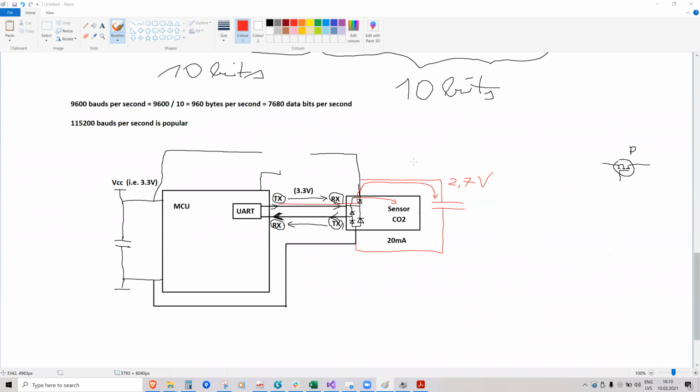Okay, so I have told you about this phenomenon where you can accidentally supply the chip through data lines. This is a real common problem. I've seen, for example, one guy had a device which was battery powered, and it also had a sensor, actually a very similar case to this.